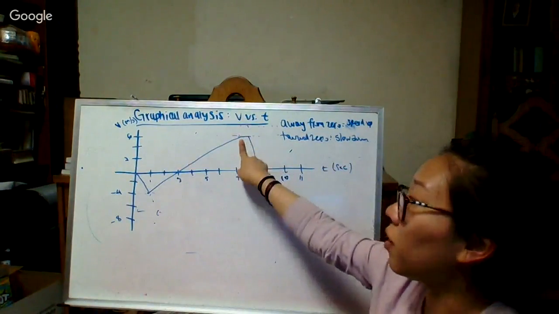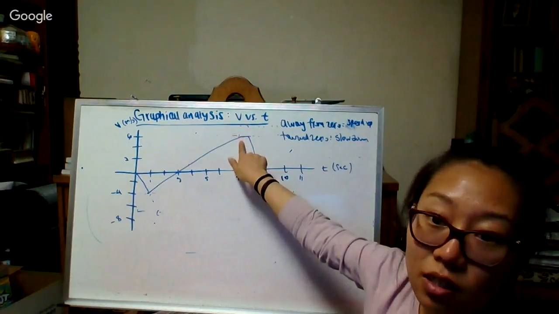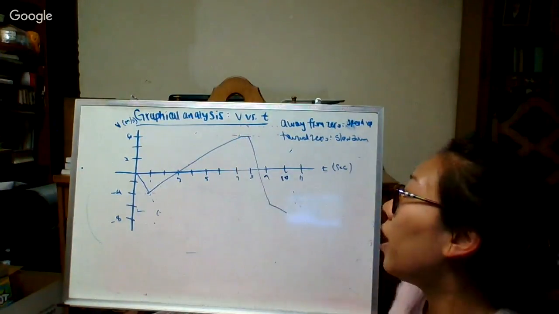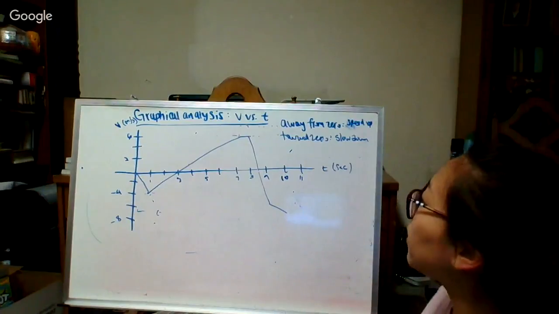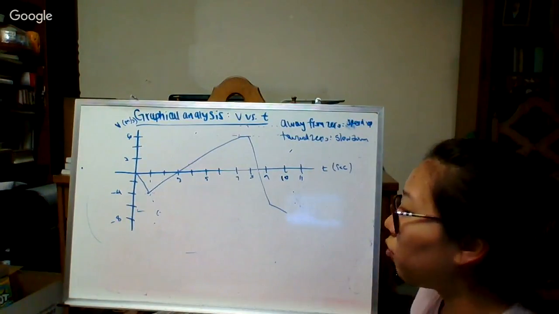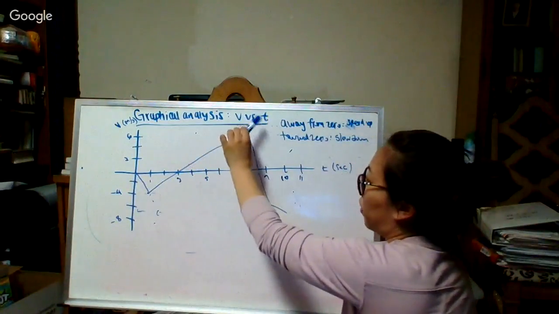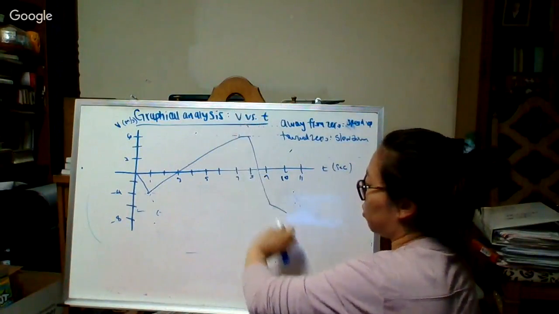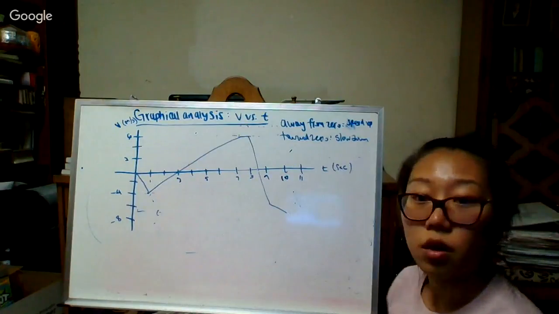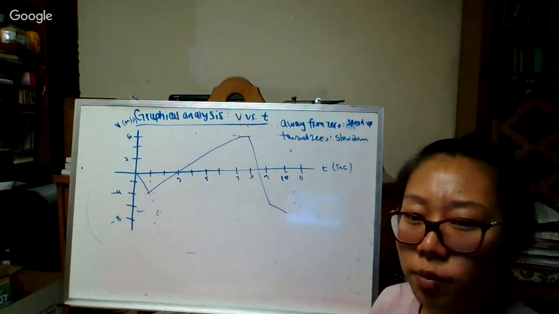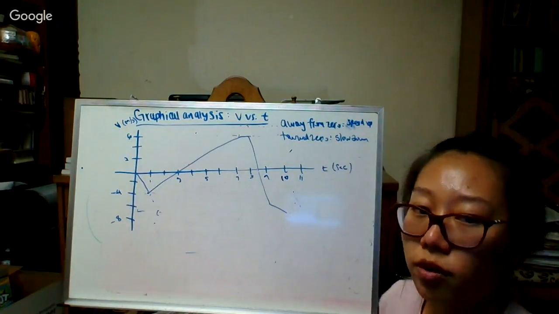Okay. Not this one. This one is at constant. Okay. Constant speed. And anytime you're speeding up is anytime you're going away from the 0, whether that's going down or up. So this way, and then this way. Do you need me to write them down? Was I too fast?